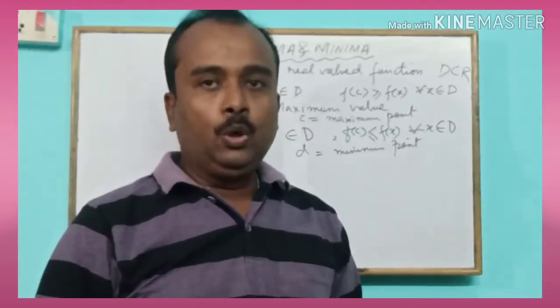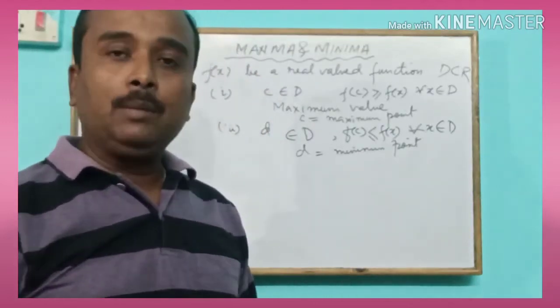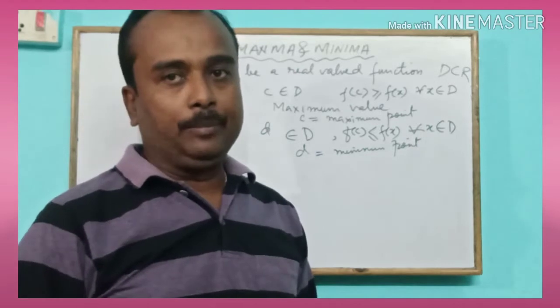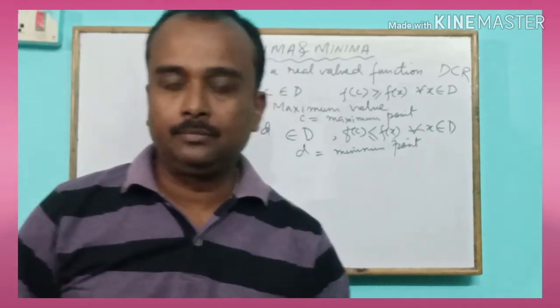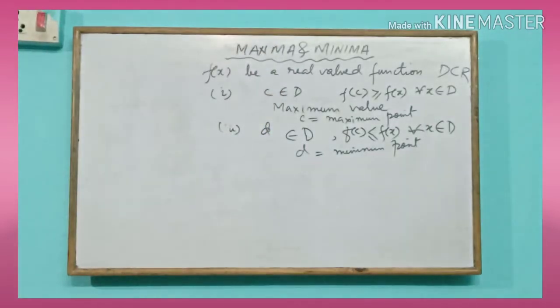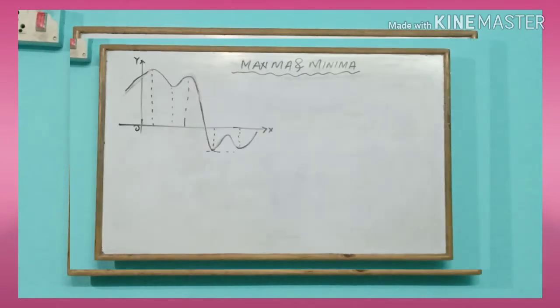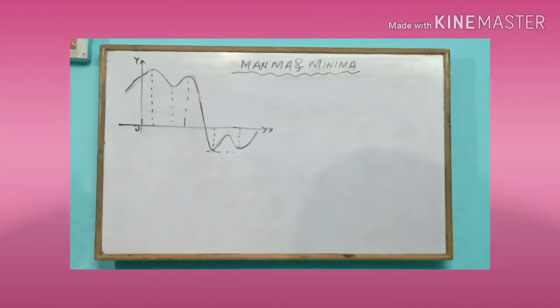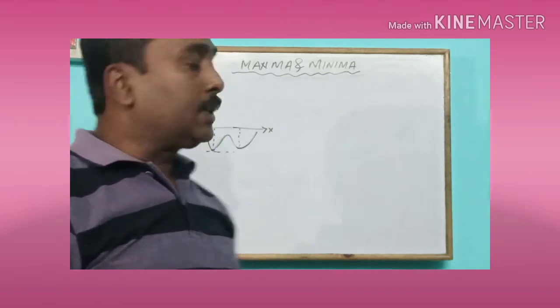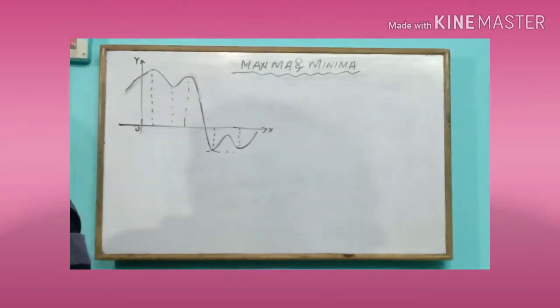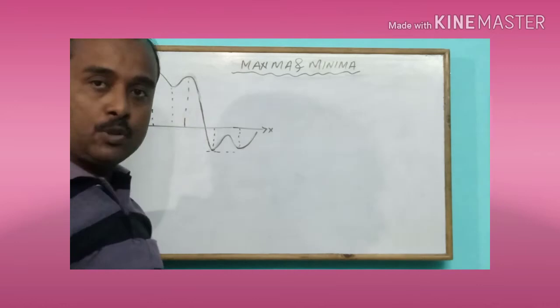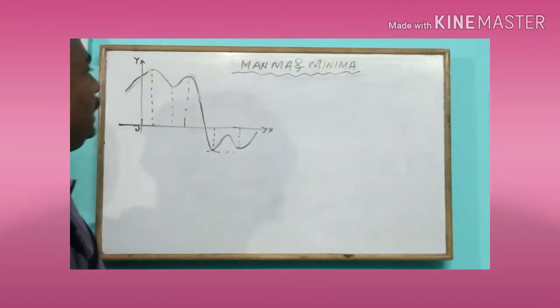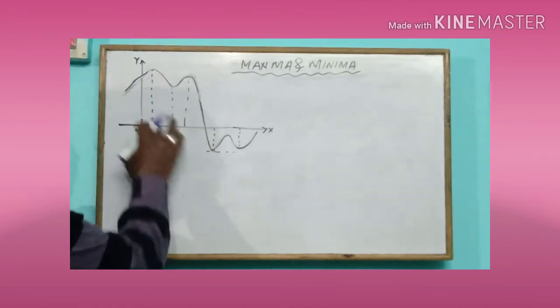Now we shall understand what is local maximum and local minimum. We have understood what is absolute maximum and absolute minimum. Now let us observe this graph.